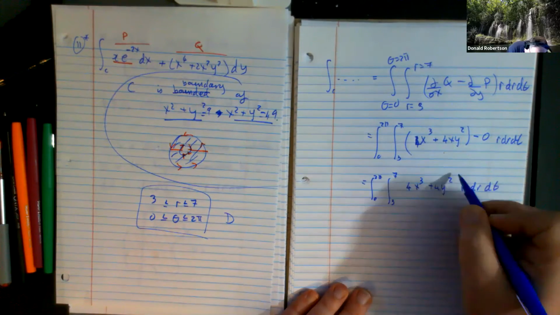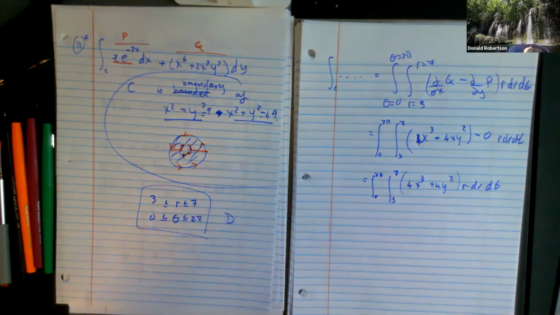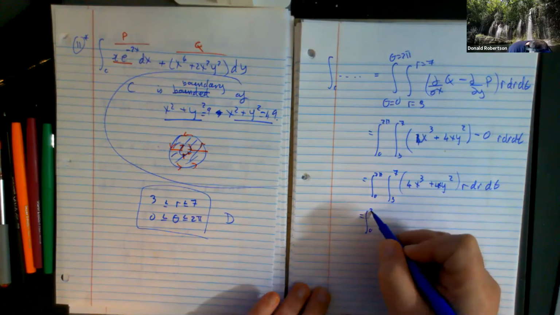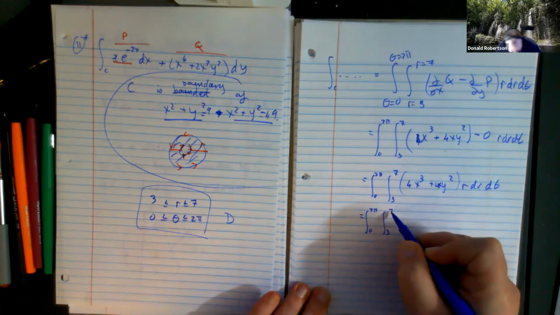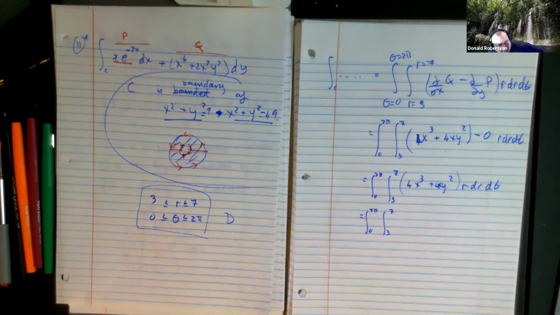Now it's pretty obvious that we're not going to leave the x's and the y's. There should be an r in there, right? So let's think of style points before we do anything. Is there anything you can do to 4x cubed plus 4xy squared that might help later on?